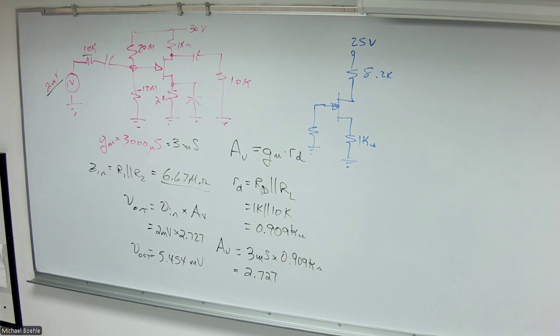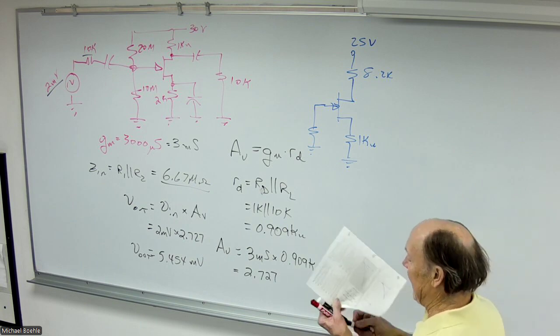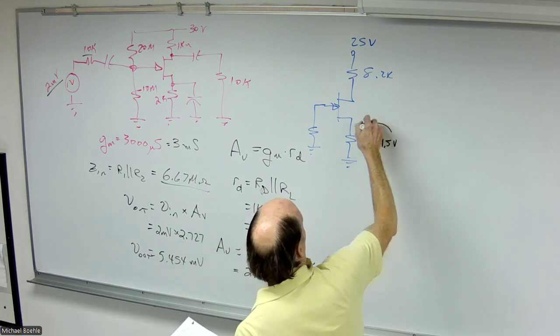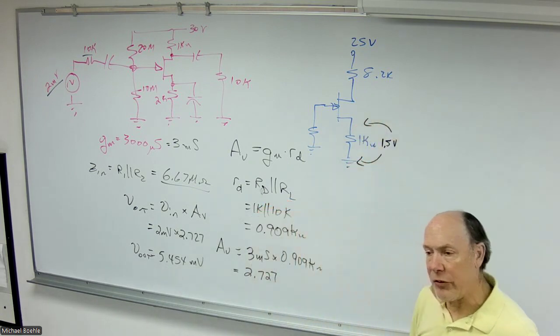It's not going to matter. All right, the voltage across the 1K is 1.5 volts. So we are basically given a voltage, 1.5 volts, across the 1K resistor.